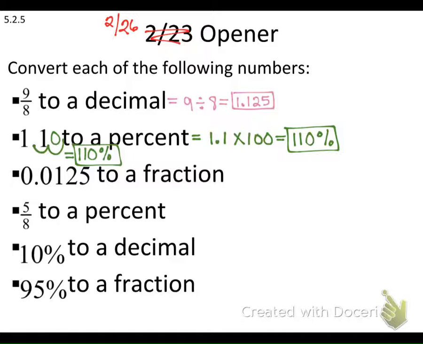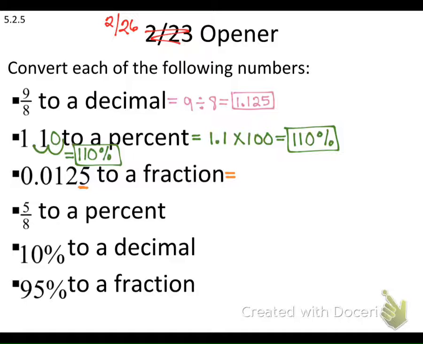Okay, the next one. We have a decimal, and we're changing a decimal to a fraction. Brendan, how do I change that decimal to a fraction? Of the last digit. So what place value is that last digit? It's a 5. And what place value is it in?